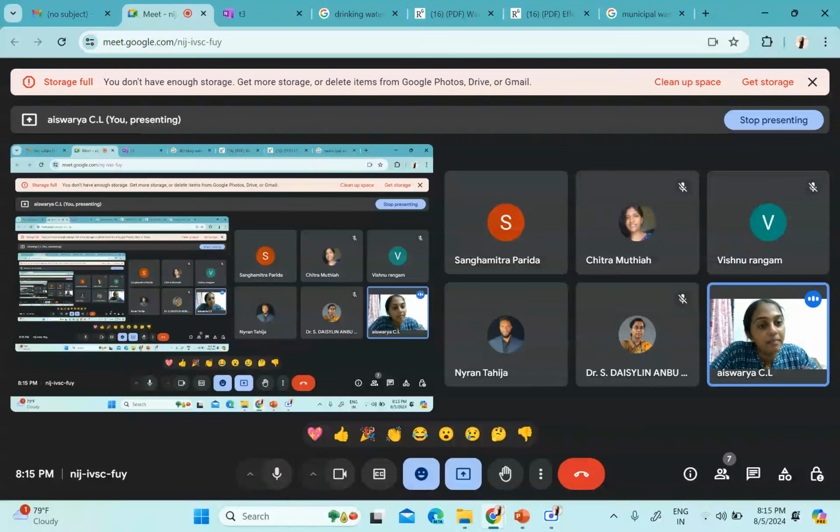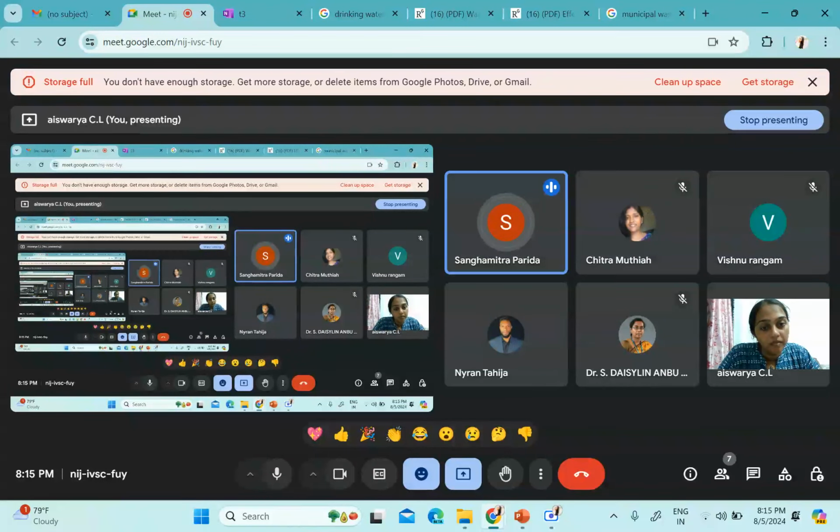So you are asking me the percentage. Actually, I don't know the correct percentage, but I think treatment is only 20 to 30%, as far as I know.